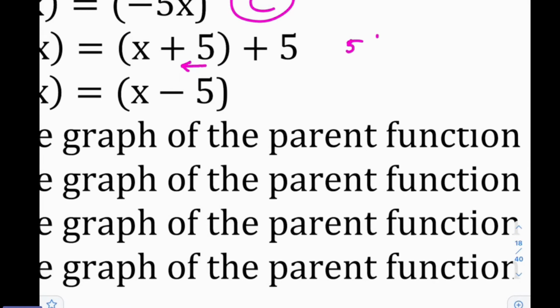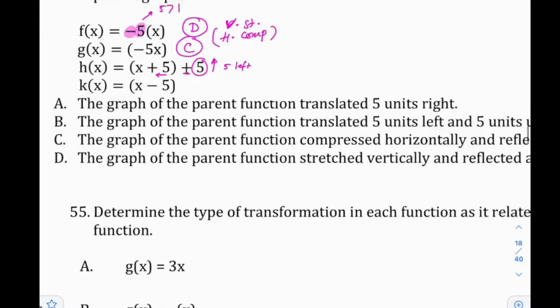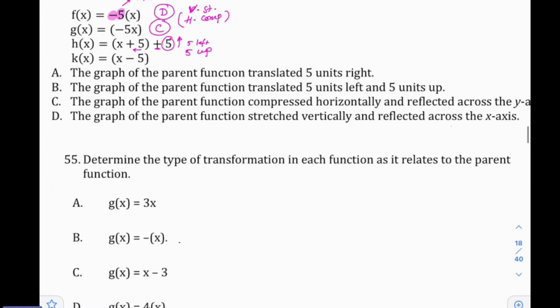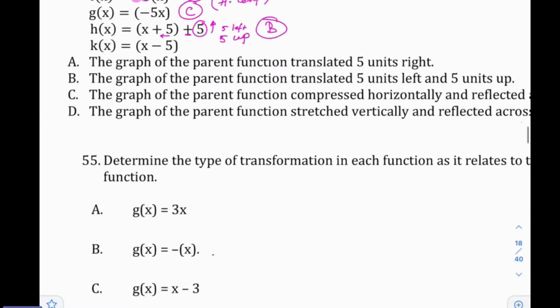So 5 units left. And this plus means going up, so 5 units up. 5 left and 5 up, which means B. Last one, k of x equals x minus 5, is just 5 units to the right, which is A. The graph is translated 5 units right, so it's A.